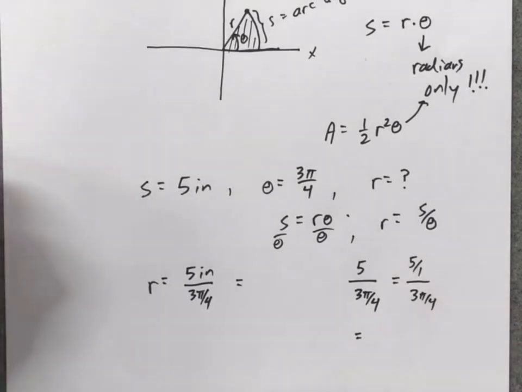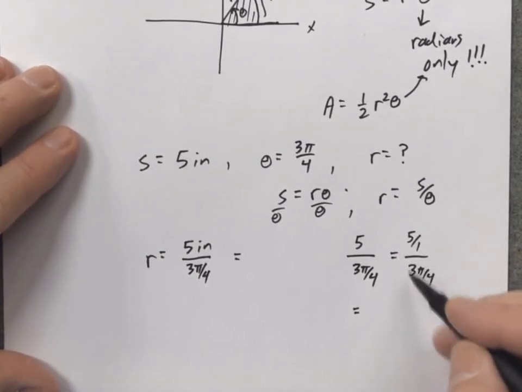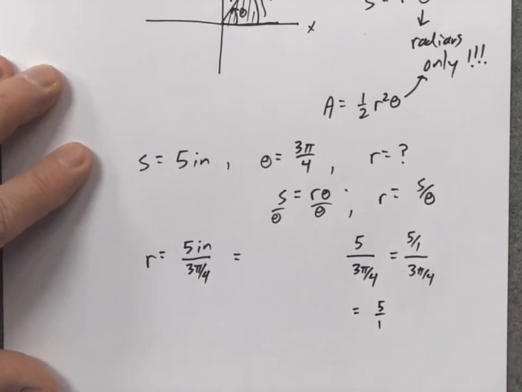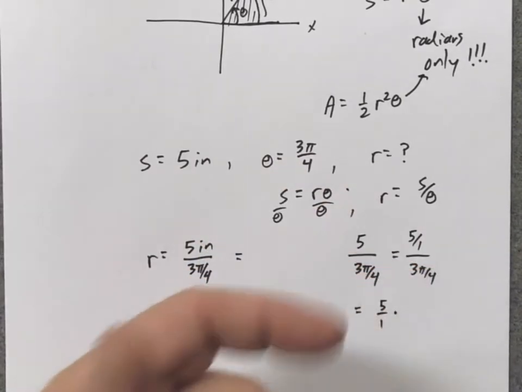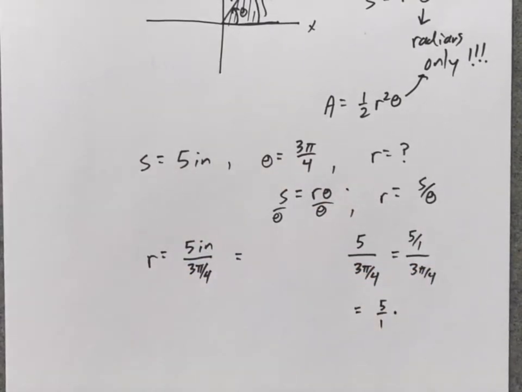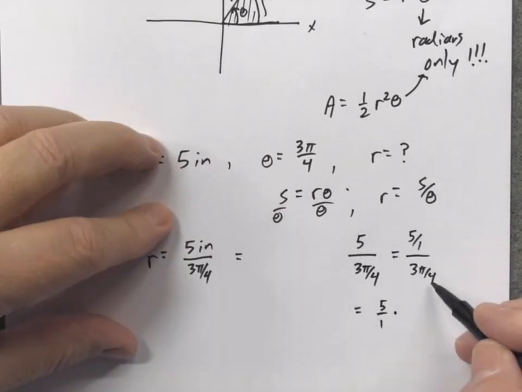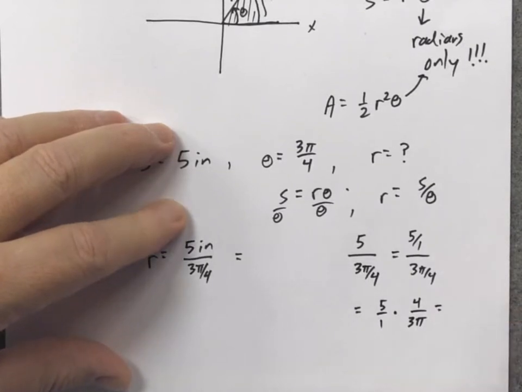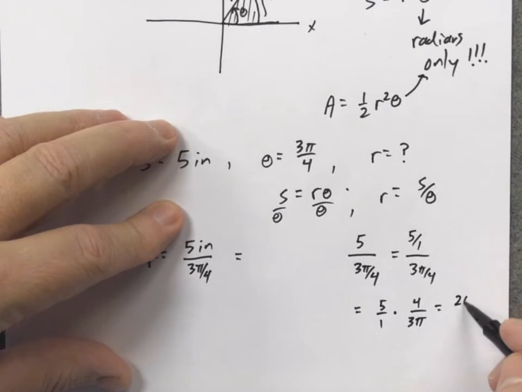What you learned a long time ago is that to simplify this, you write the top fraction and then multiply by the reciprocal of the bottom fraction. Reciprocal means you flip the top and the bottom. So the reciprocal of 3 pi over 4 is 4 over 3 pi. So this ends up being 20 over 3 pi.